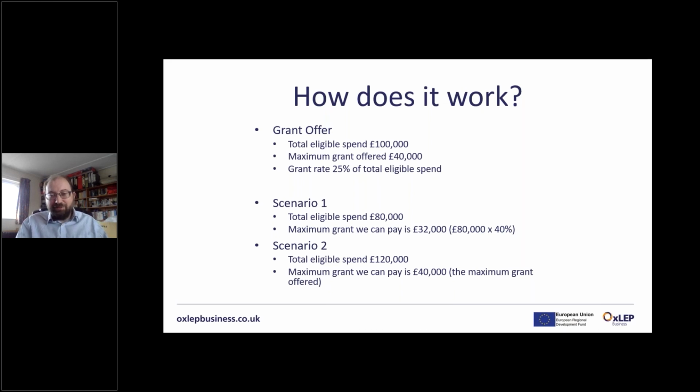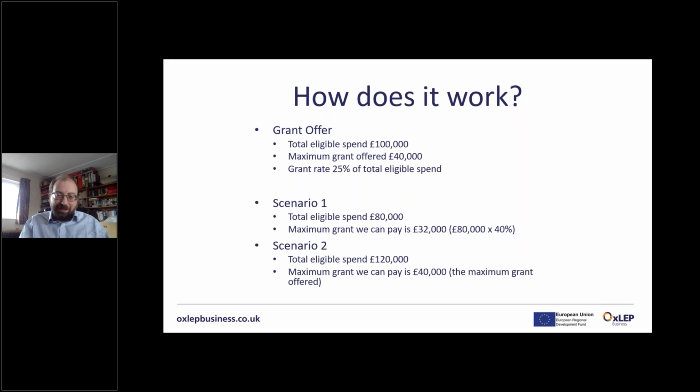If, however, you overspend, so say your total eligible spend against an approved total project of 100,000 was 120,000, then the maximum grant that we can pay out is capped at the £40,000. So that's the maximum grant offered.